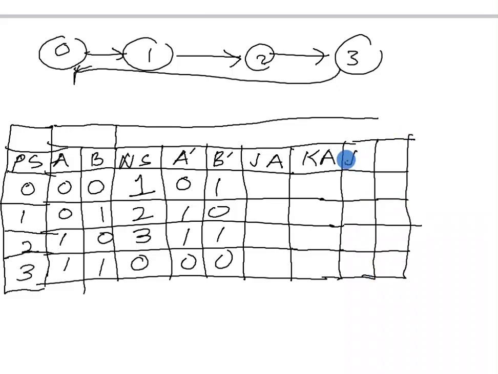So we have JA, KA for variable A, and then JB, KB for variable B. If you have 3 variables, for example A, B, C, you are going to have 3 flip-flops, meaning that you are going to have JA, KA, JB, KB, JC, KC. It depends on how many flip-flops you have, and the number of flip-flops depends on how many variables you have.